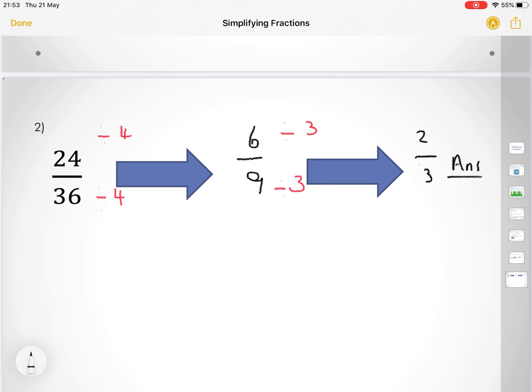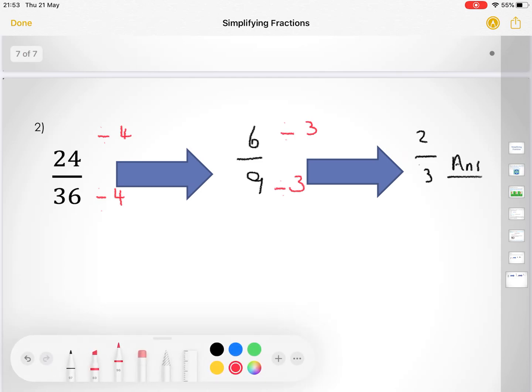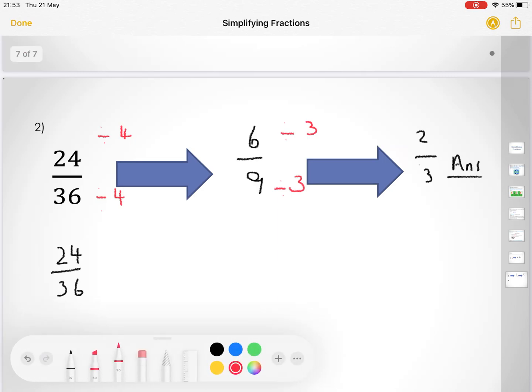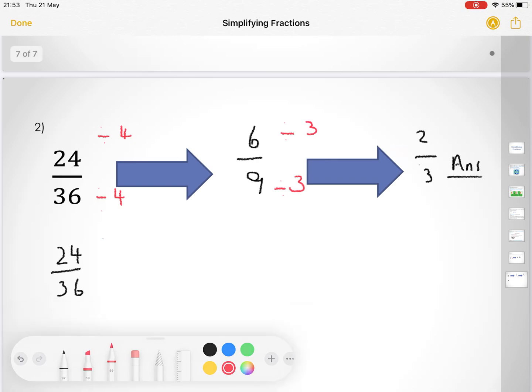I can do that, alright, by finding the highest number, because I did not find the highest number and I had to do it in 2 steps. So let's write it down. 24 all over 36, alright? If I think, I realize that they are both multiples of 12. So I can divide the numerator by 12.